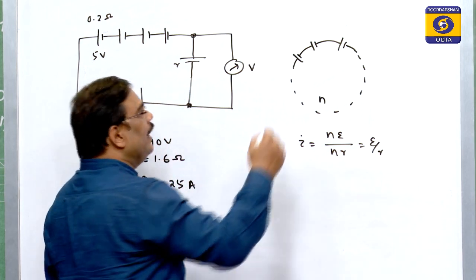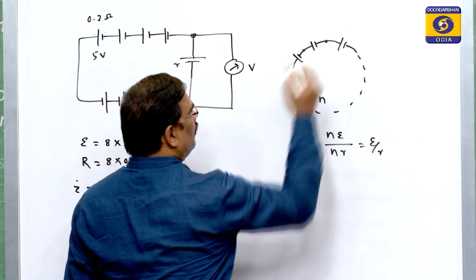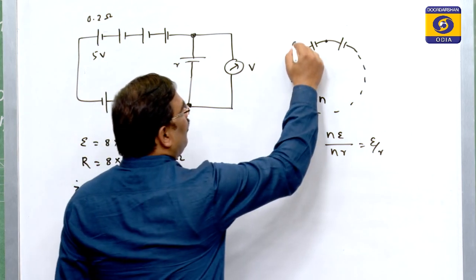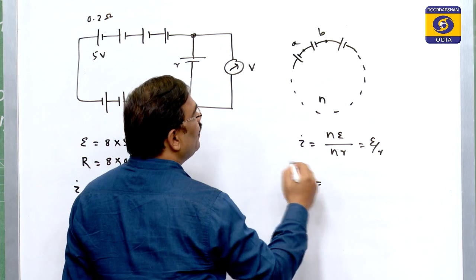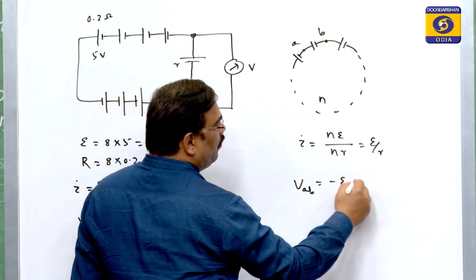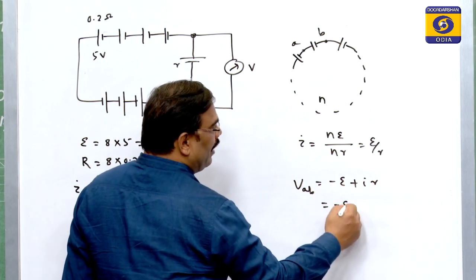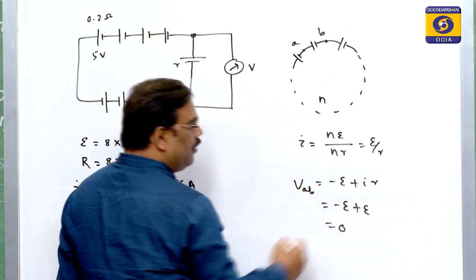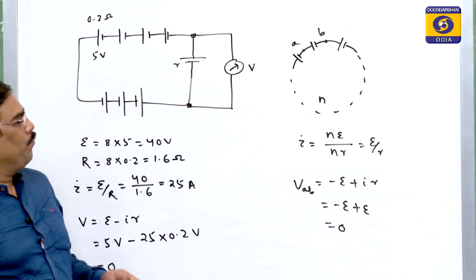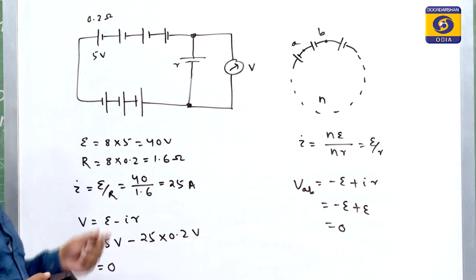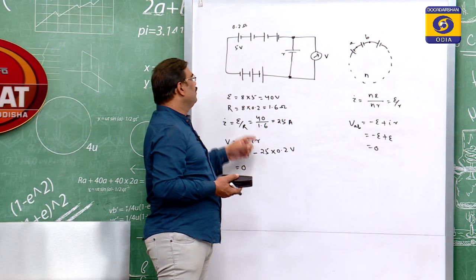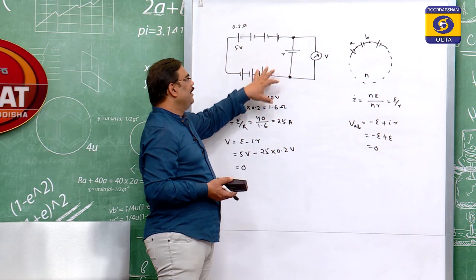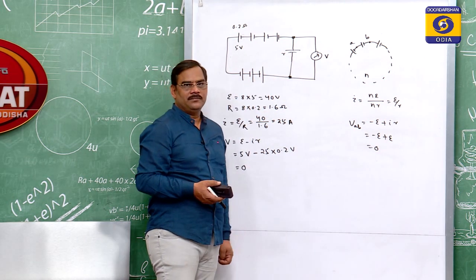If I choose any 2 points A and B, my VAB will be equal to obviously minus E plus Ir. So this will be minus E plus E, which is equal to 0. In this way we can calculate the potential difference in a network, and also we can calculate the reading of a voltmeter like this.